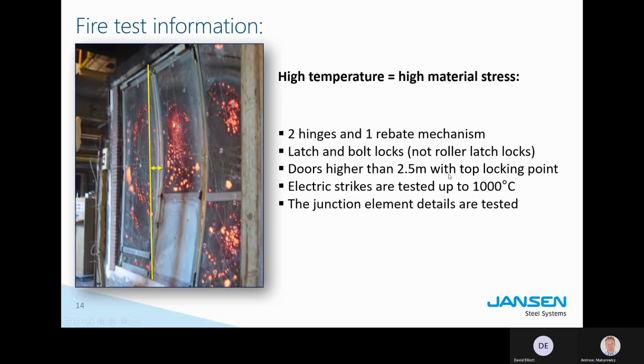Doors higher than 2 meters must always be equipped with a top locking point, because this corner is quite big and it's not protected. So even on a single leaf door, you may get some gaps here and smoke entering. Yeah, it's actually the smoke that needs to be kept under control more than the fire. The smoke kills more people than fire itself.